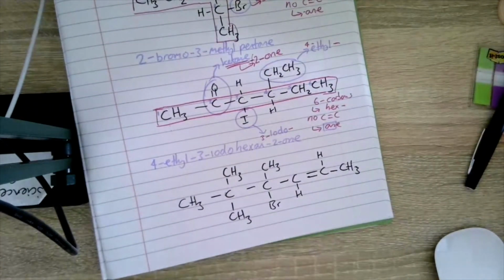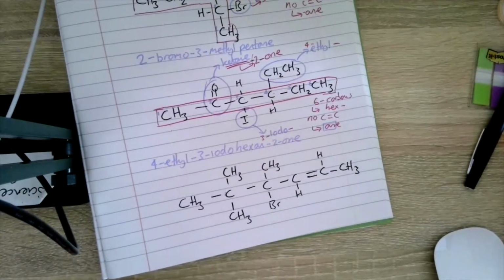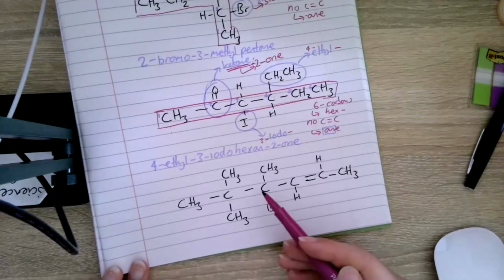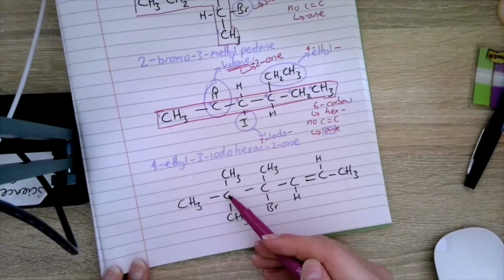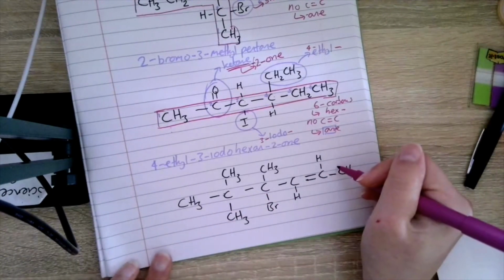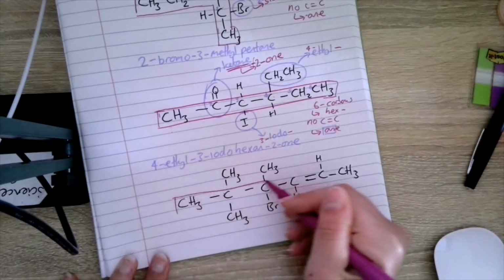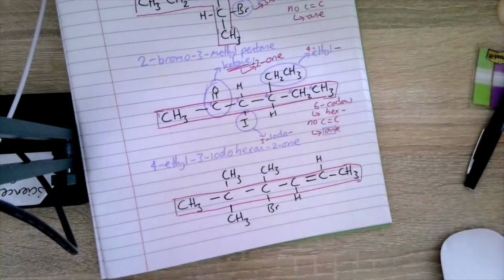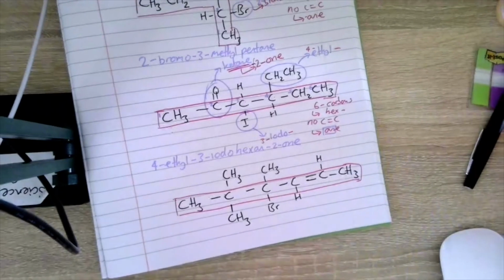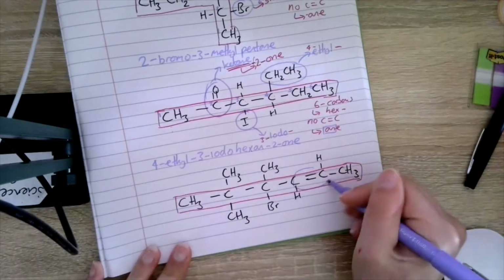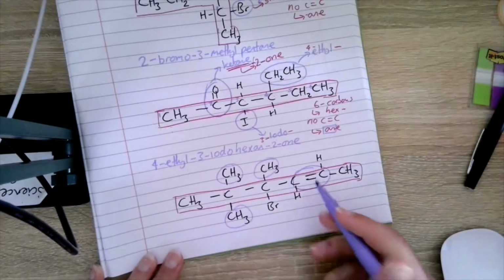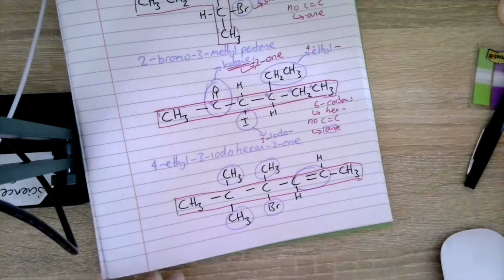And now our final compound, we are looking for our longest carbon chain, so 1, 2, 3, 4, 5, 6. And what functional groups we have? Well, we've got a C double bond C, we've got 3 methyl groups, and we've got a bromo.